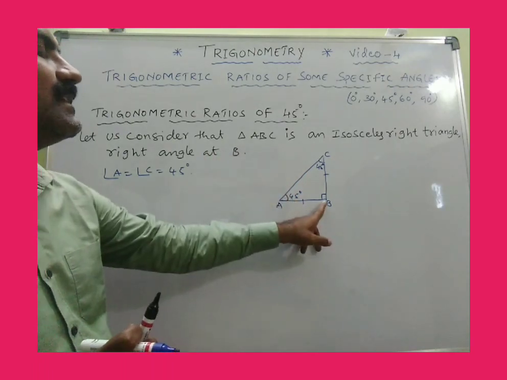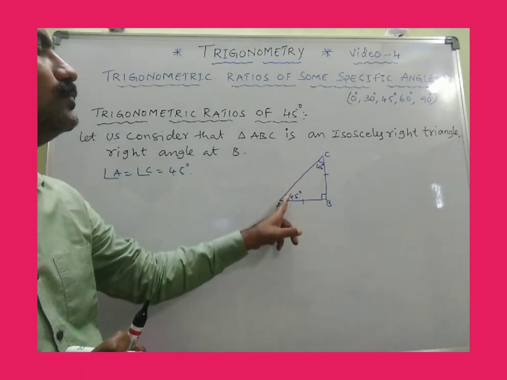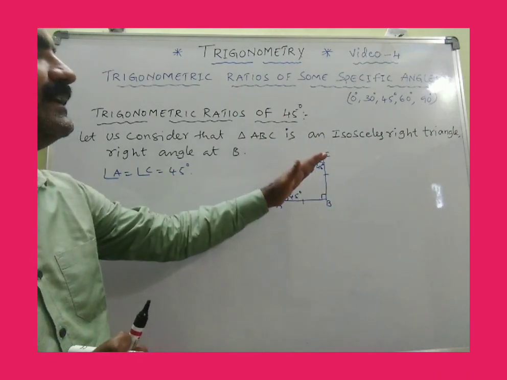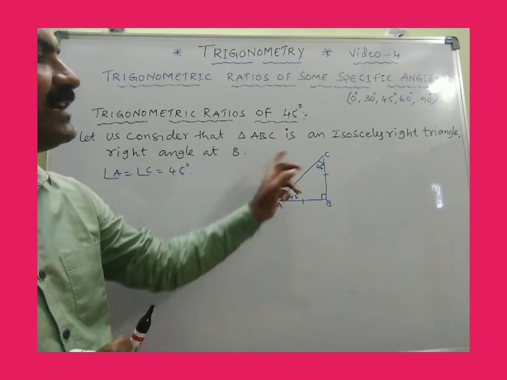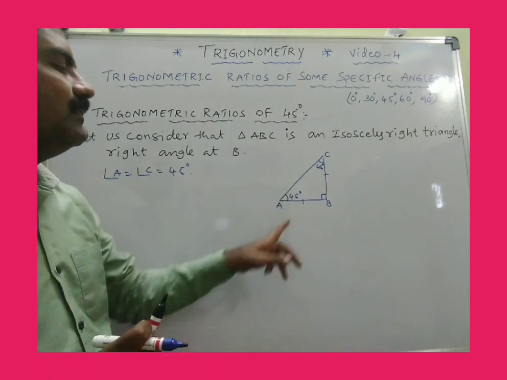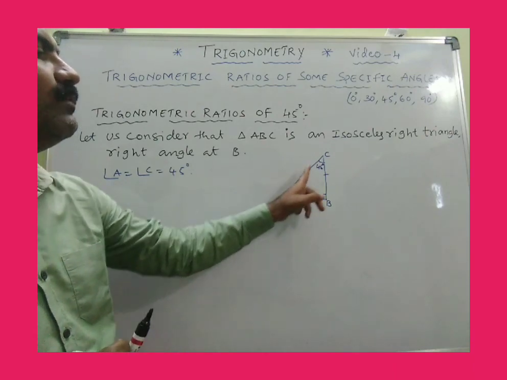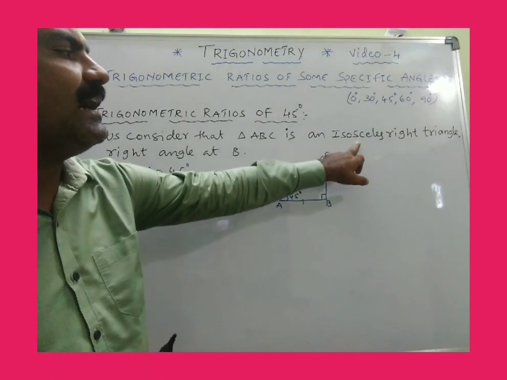So clearly this is a right angle, it is 90 degrees. That means the rest of the two angles together should be 90. 90 plus 90, then 180. But moreover, this 90 can actually be divided in any way. This can be 10 and then this can be 80. If not, one is 30 and one is 60, etc. But here I mentioned clearly isosceles.